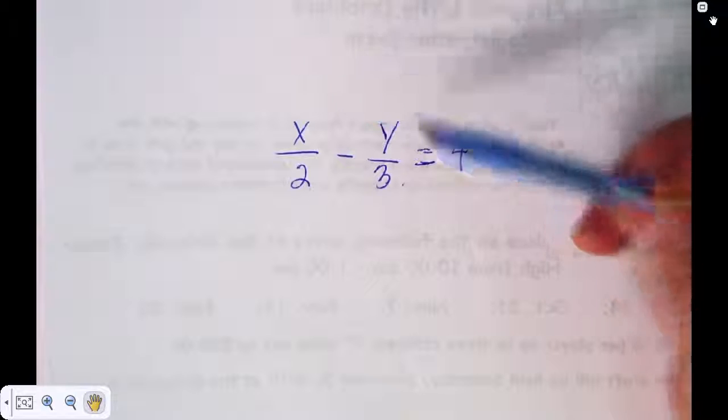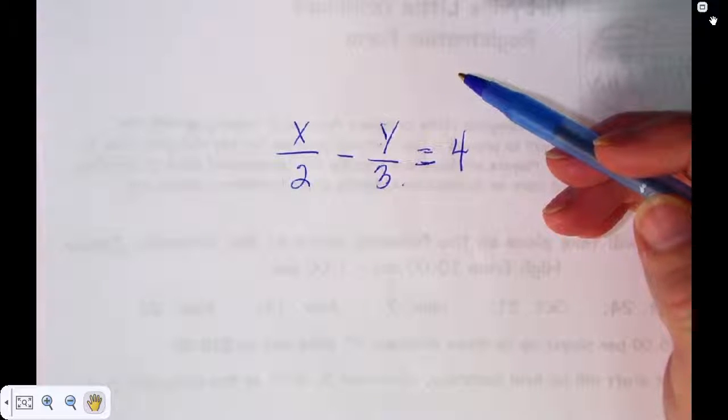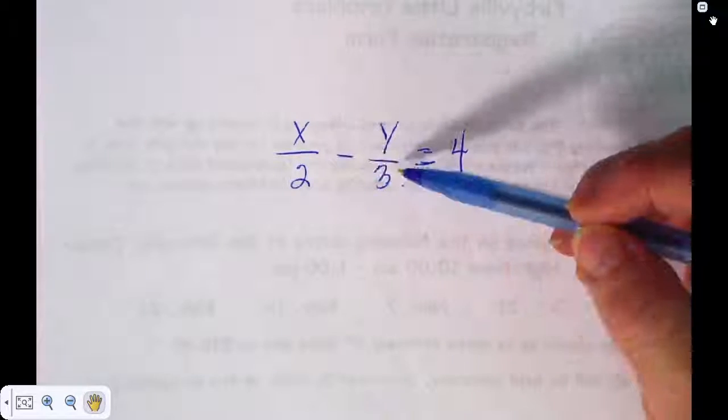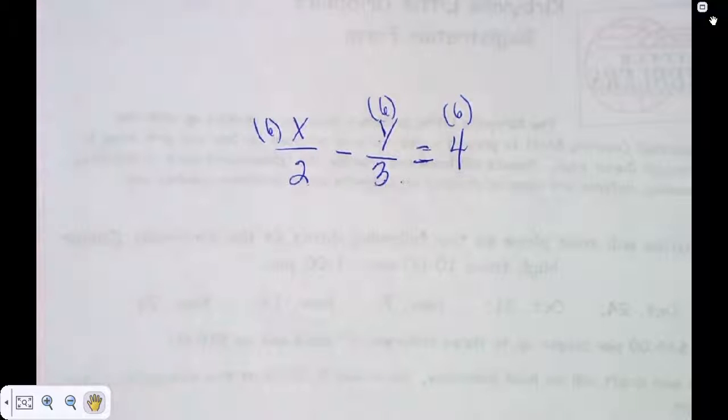Okay, Richard is saying 6. Why is Richard saying 6? That would be the common denominator if I was adding or subtracting these. So I'm going to multiply every term by 6. Good, Richard. So what am I going to get when I multiply by 6?